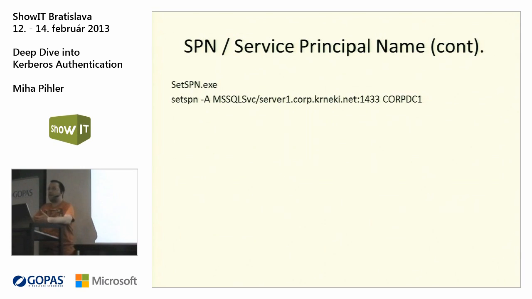This doesn't have to be the real port. I could just make up something, but this is how MS SQL Service registers its SPNs. I can have SQL running on any port. I can still register the SPN like this, depending on how the client calls SQL Service. I will talk about this in a second. Any questions so far?